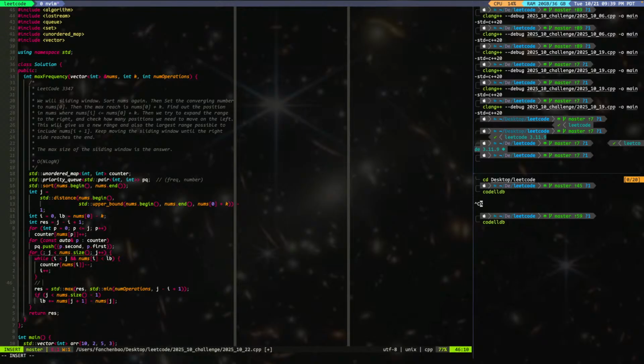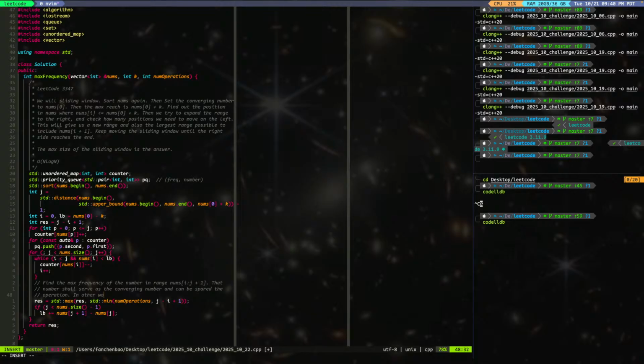So we need to find the max frequency of the number in the range nums I to j plus 1. That number shall serve as the conversion number and can be spared the operation.